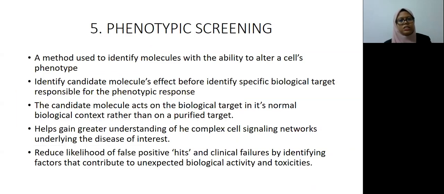Last but not least is phenotypic screening. This is also one of the methods for drug discovery. It is a method used to identify molecules with the ability to alter the cell's phenotype. Compared to structure-based drug discovery, phenotypic screening does not rely on the identity of a specific drug target.